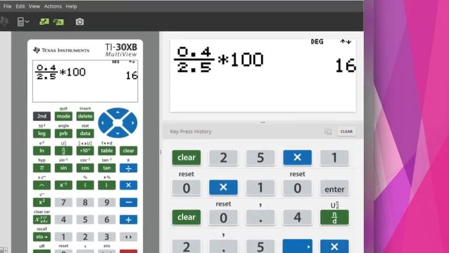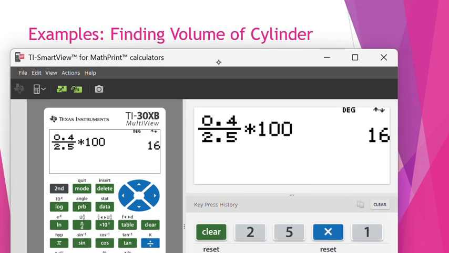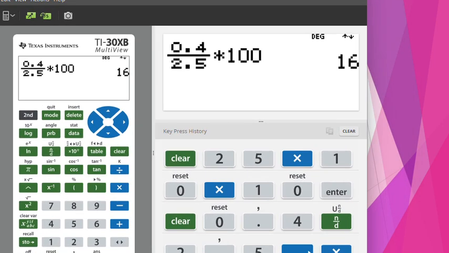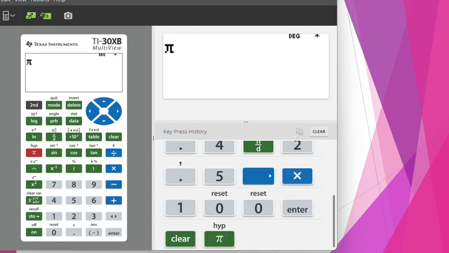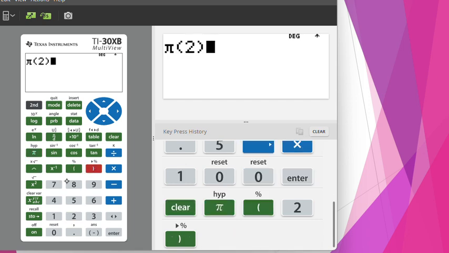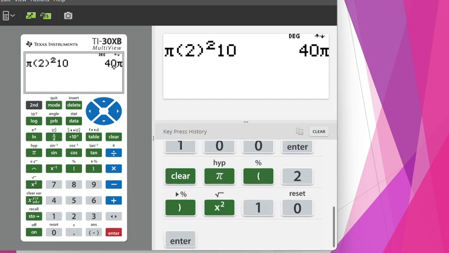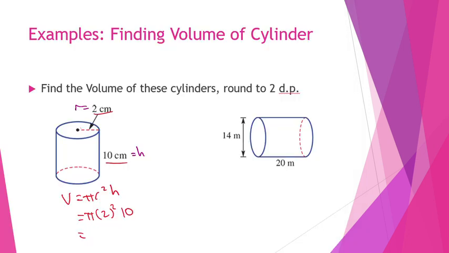Okay, so if I do pi, and I put in brackets 2 squared, times 10, if I type that out exactly, I get 40 pi.